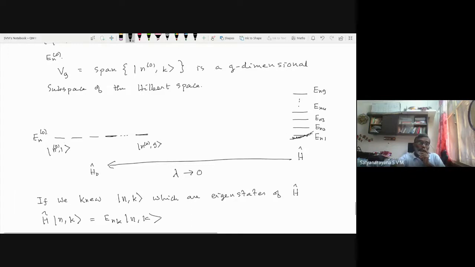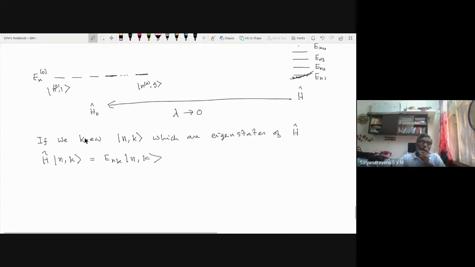If you knew these states, will these states n comma k go to n0 comma k in the limit lambda tending to 0? This is the question we are asking.